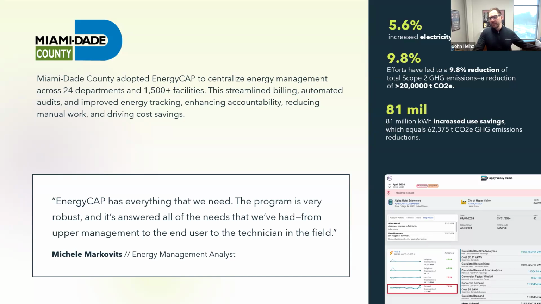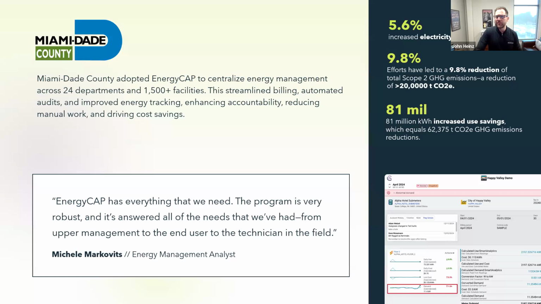So being able to get EDI bills in from FPL helps streamline data collection and entry processes. But then once bills are in, they get routed to the 24 departments, of which they then stamp a digital approval, and then bills can be flowed to accounting to be paid.